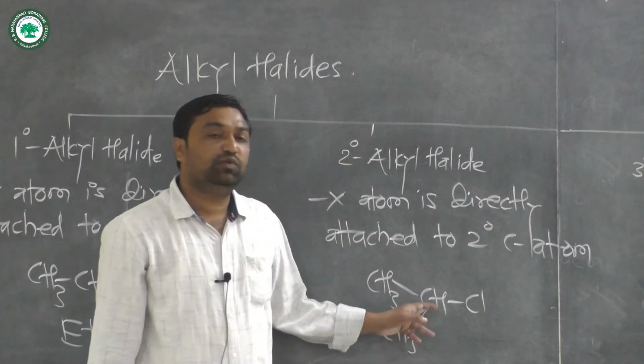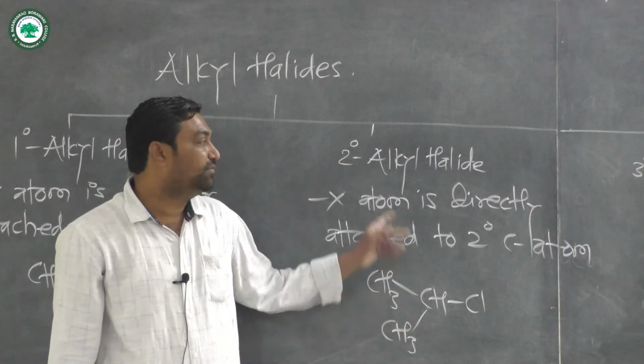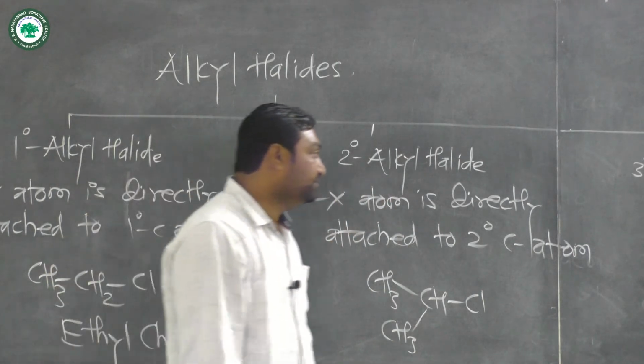Isopropyl chloride is an example of this secondary alkyl halide.